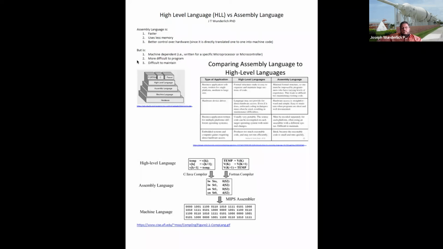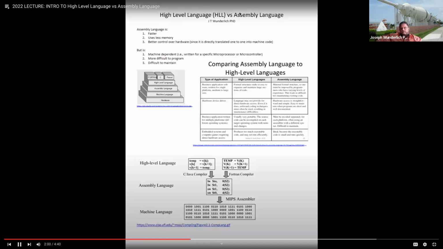Now, the rest here is just some enrichment you could think of, on different types of applications. Typically, high-speed embedded kinds of applications use assembly language, and then high-level language is pretty much for all high-level applications. This table lists the type of application and whether you use high-level language or assembly.